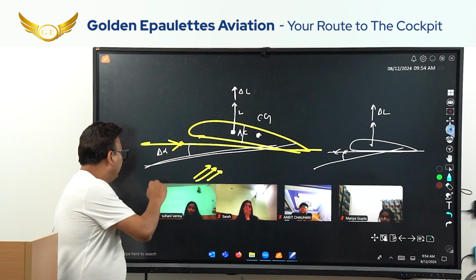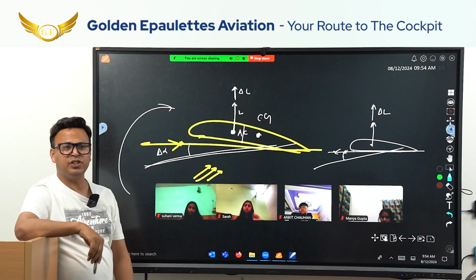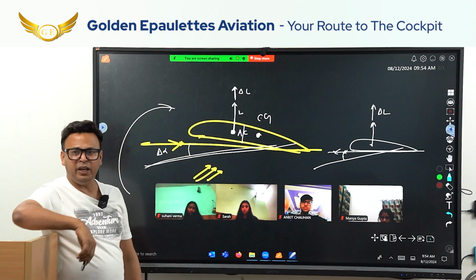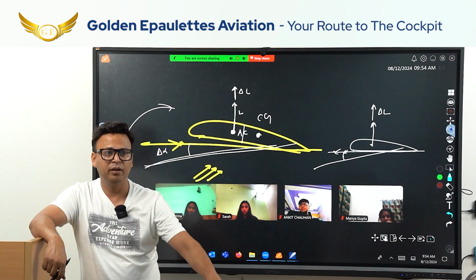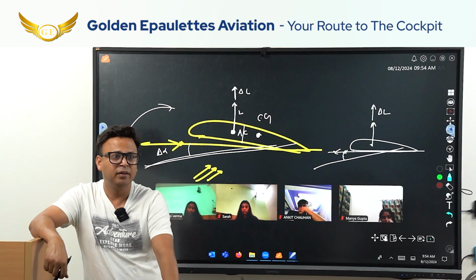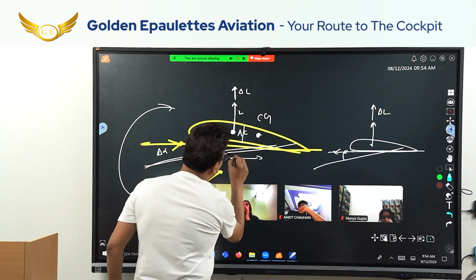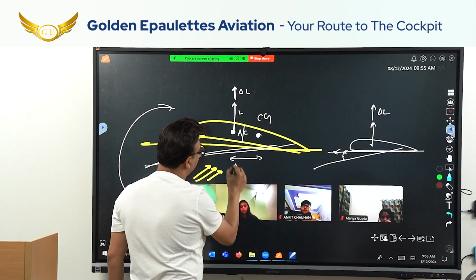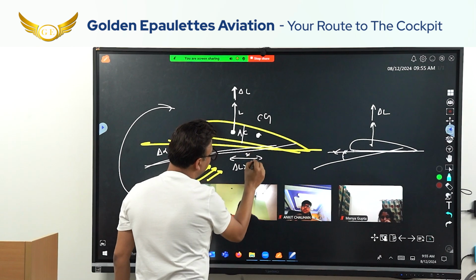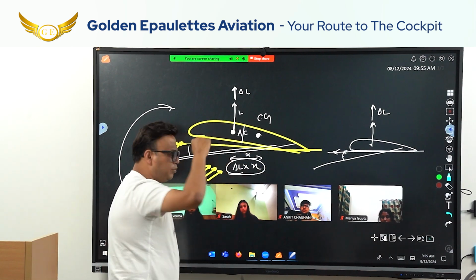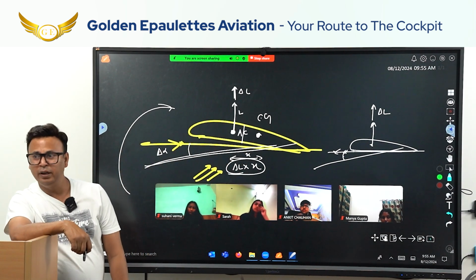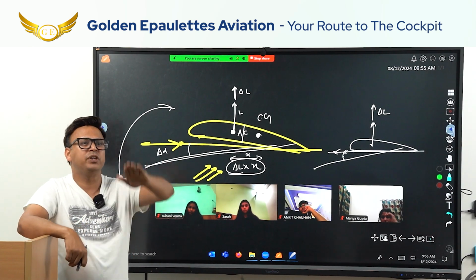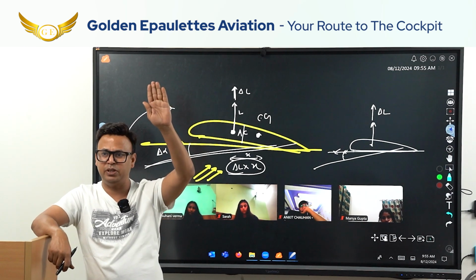It is trying to create a pitching up moment due to this vertical gust, and the magnitude of this pitching moment would be this arm length times this delta L. Whatever the delta L is, that aerodynamic force times this X, which is the arm length, will be the magnitude of the pitching moment created by the wing. It is a destabilizing moment, because the wing is trying to create this upward pitching moment.